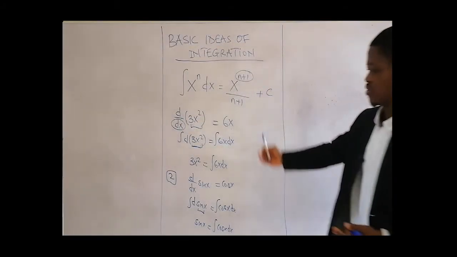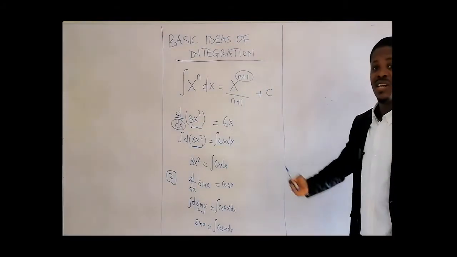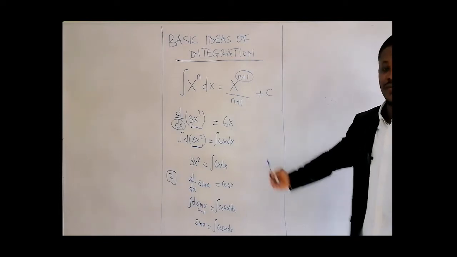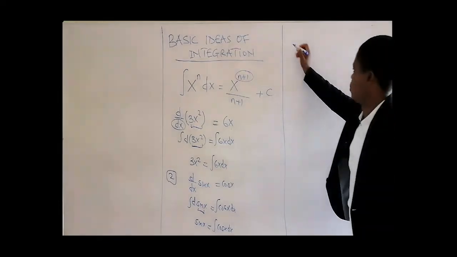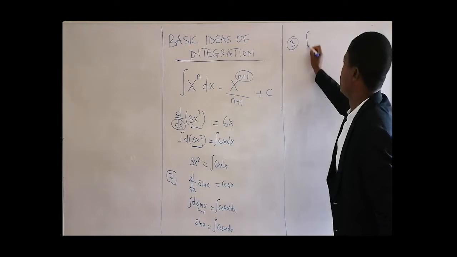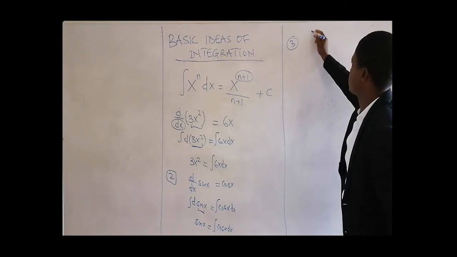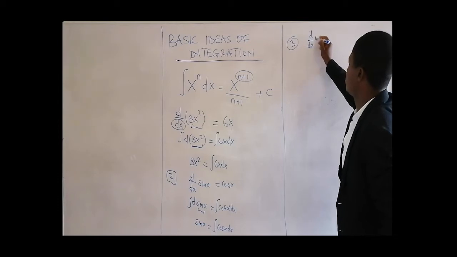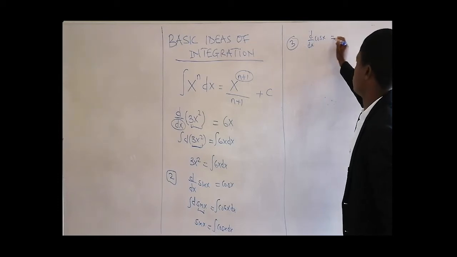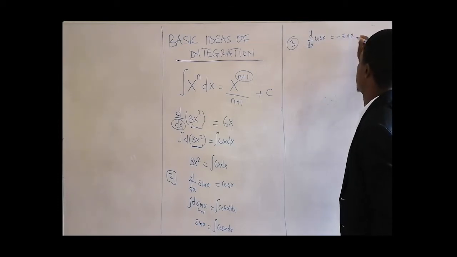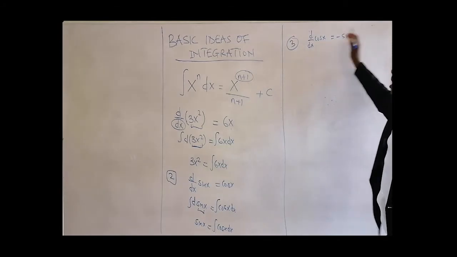Let's take another one. After this explanation, I will give the standard table for integration. Let's see d/dx of cos x, which we know is minus sine x. Then multiply both sides by dx.